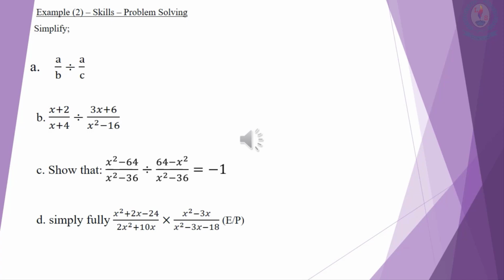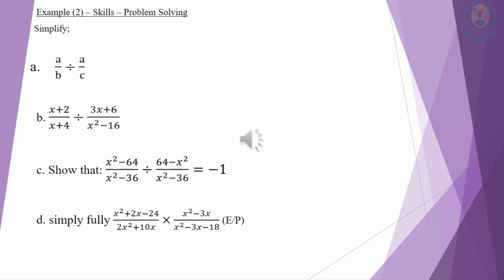Part C, show that x squared minus 64 divided by x squared minus 36, the whole thing divided by 64 minus x squared divided by x squared minus 36, is equal to minus 1.